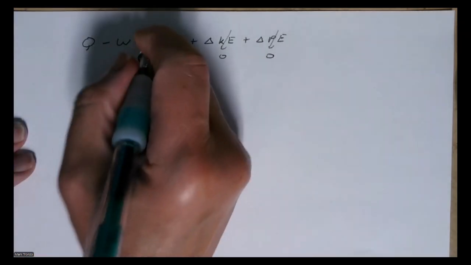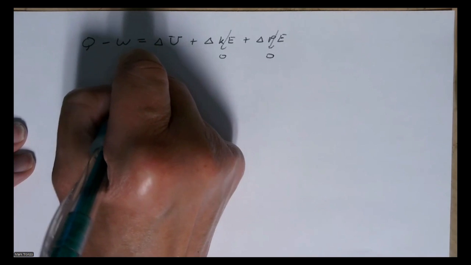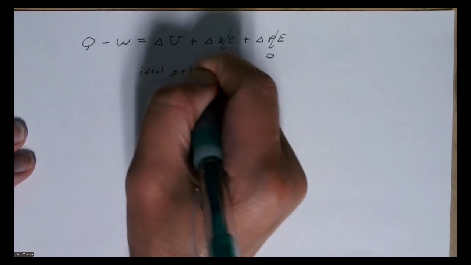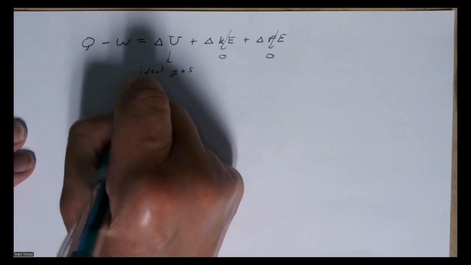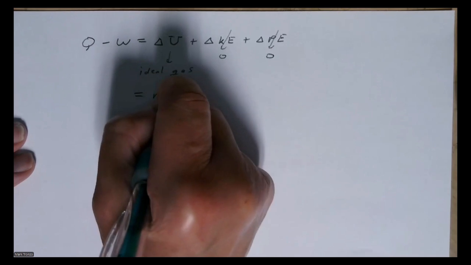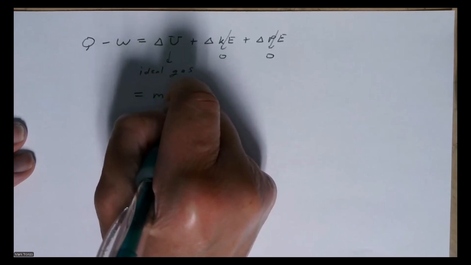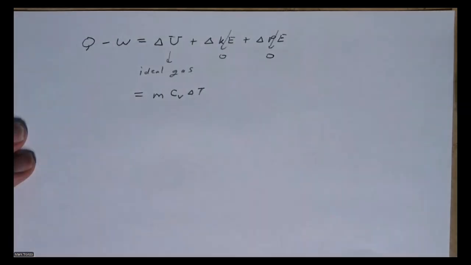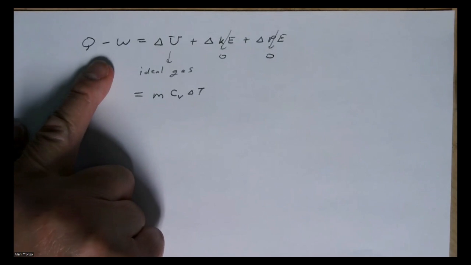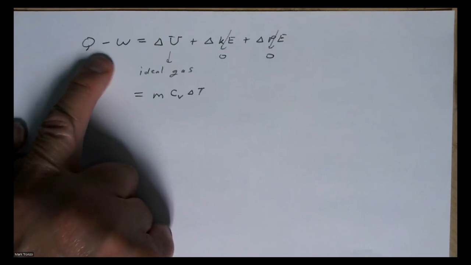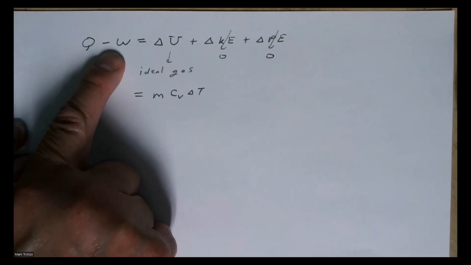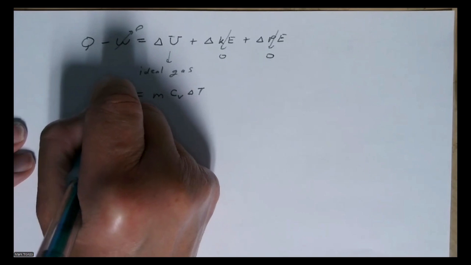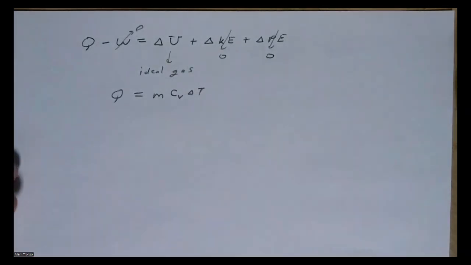And then for an ideal gas, this right-hand side is going to be m C_V delta T, like this. And also, nothing actually moved. There was no work done to the gas. So there was no work done in this operation here. So we have this.